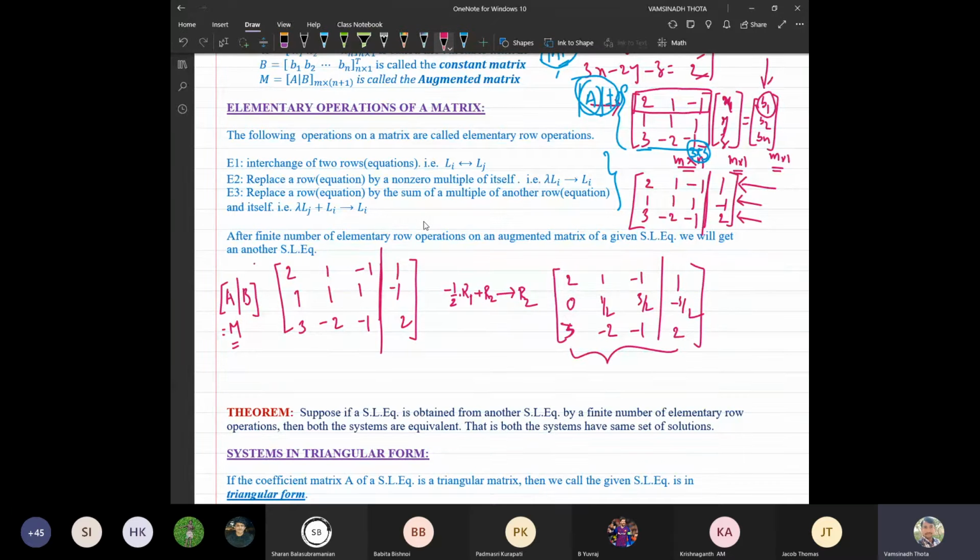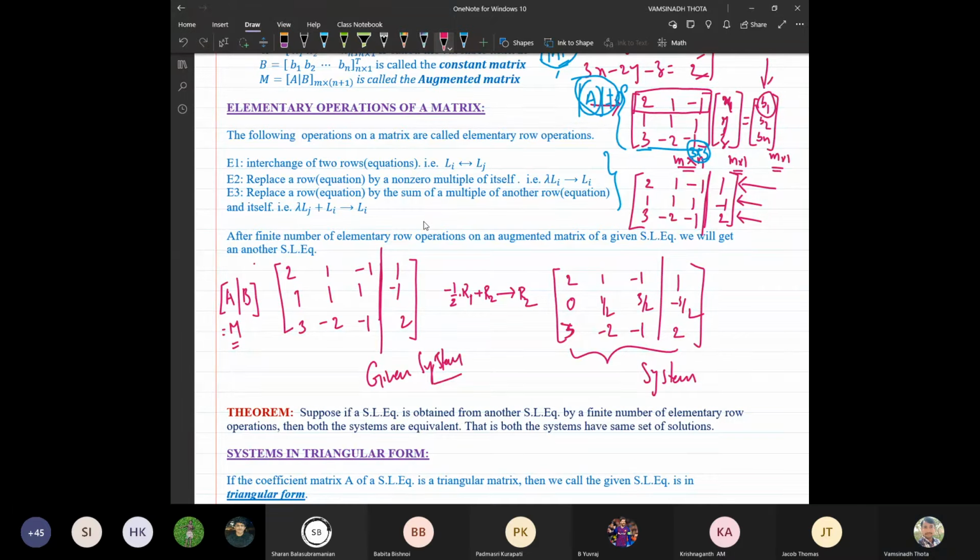Now suppose you write this augmented matrix in the system of equations form, then you will not get exactly the same set of equations which you started with. So this augmented matrix represents another system. This is the given system. You have applied some elementary row operations.